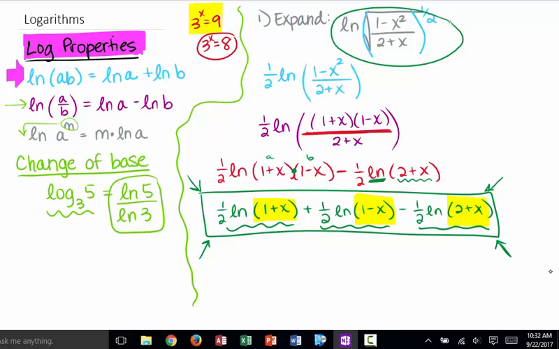So each individual term is very simplified, and this will take away the necessity of 4 or more rules in one problem. This will also potentially take away your necessity for things like quotient rules and chain rules and things like that, and it will help you out.